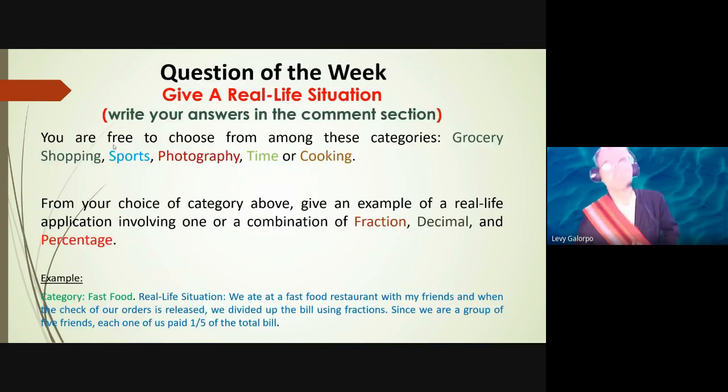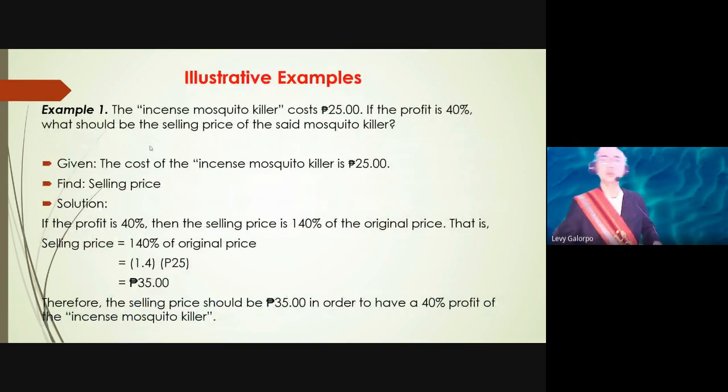Now, we are now into our illustrative examples. The example 1, here it is. The incense mosquito killer costs 25 pesos. If the profit is 40%, what should be the selling price of the said mosquito killer?